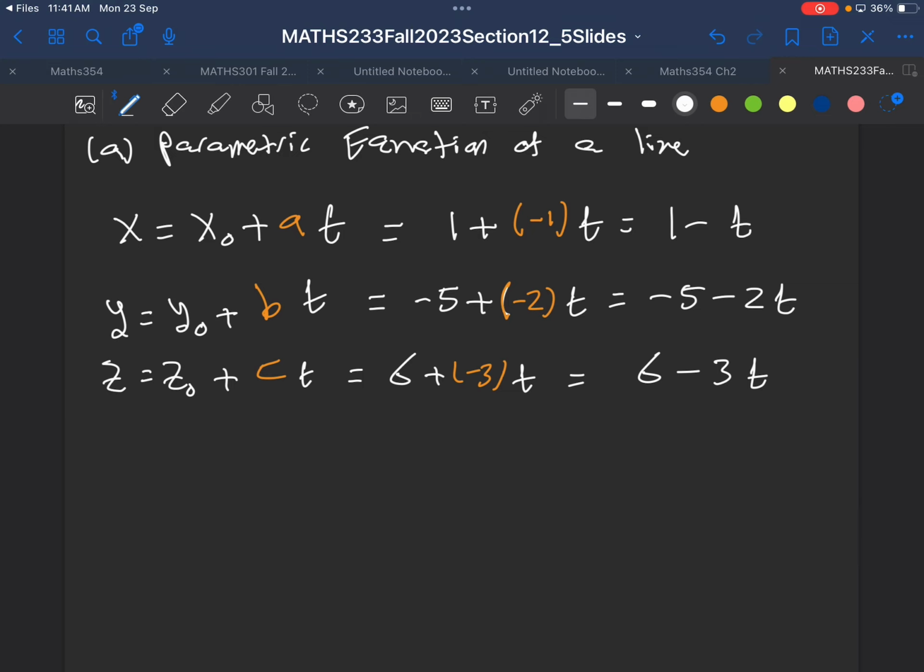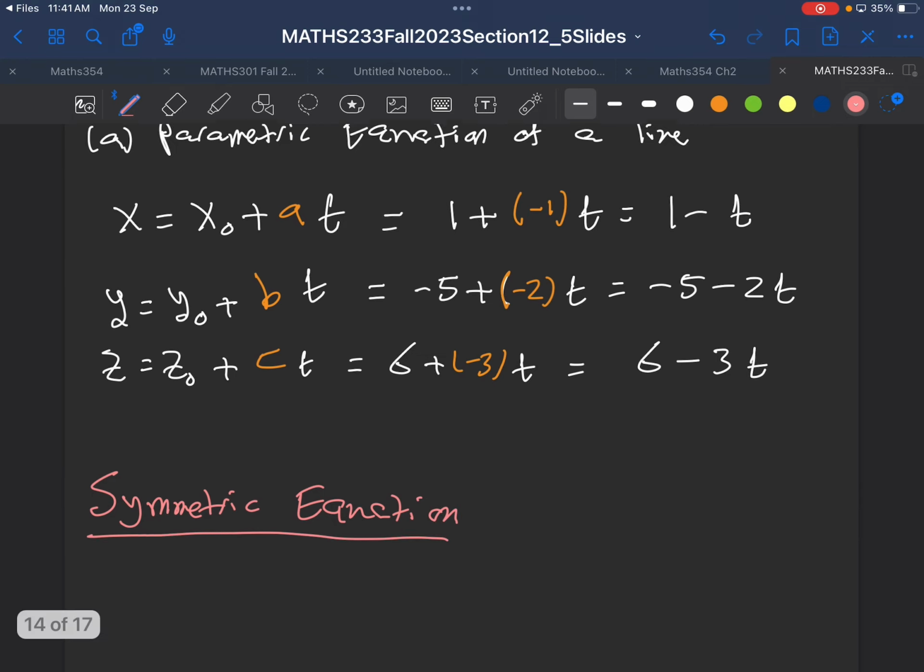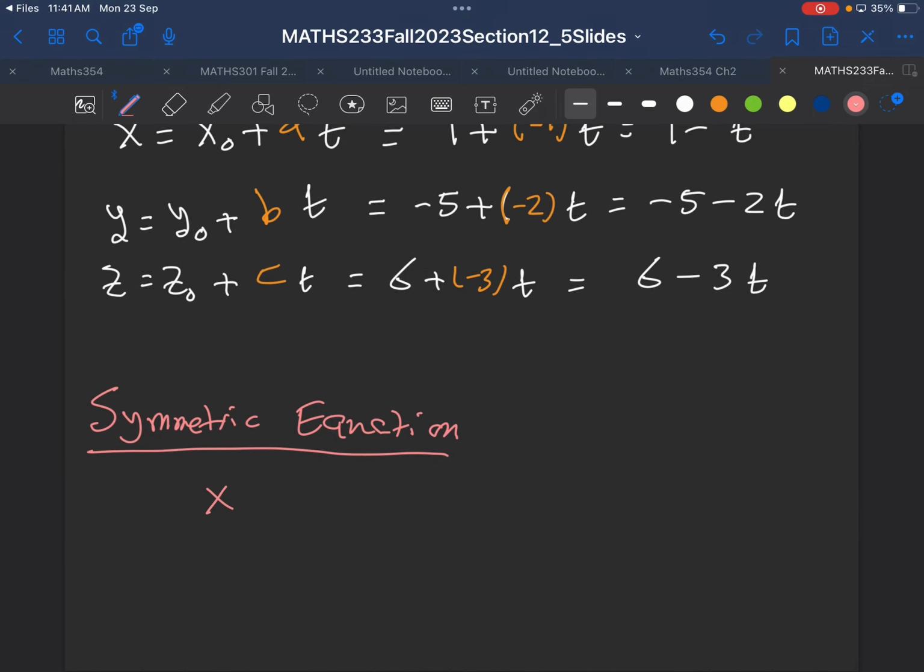Of course, if we know the parametric equation, we can quickly find the symmetric equation as required in the question. And let me just remind you what the symmetric equation is. The symmetric equation is x minus x naught over A, equal to y minus y naught over B, and finally z minus z naught over C. It is the same equation above, but without the t.